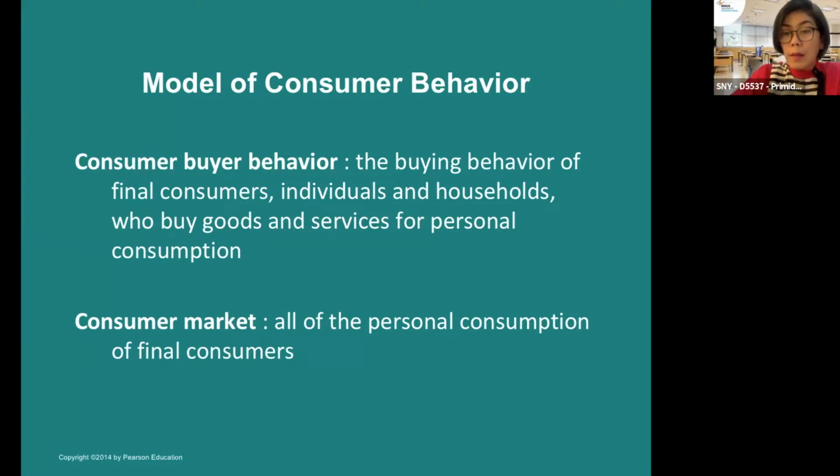It goes along the line before the consumer purchases the product, when the consumer purchases the product, after the consumer purchased the product, or during the consumption, and even when the consumer decides to stop consuming the product. That is all considered consumer behavior.